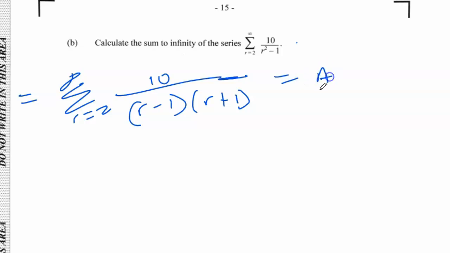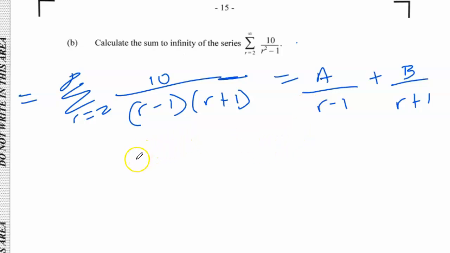So we can write that as a over r minus 1 plus b over r plus 1. So we can try and find the value of a and b, just to rewrite it.